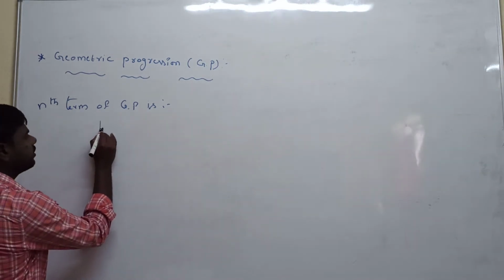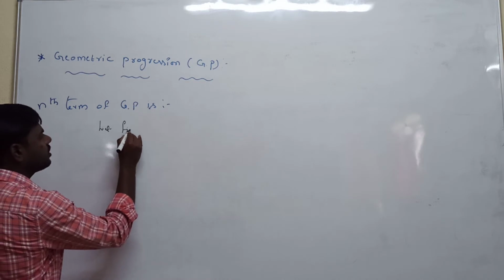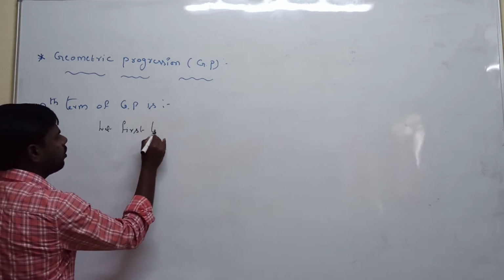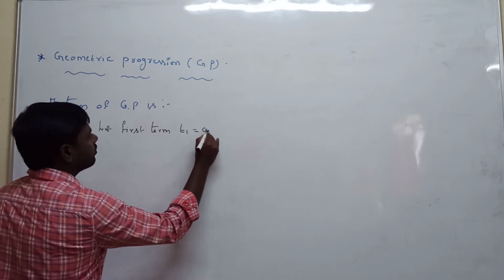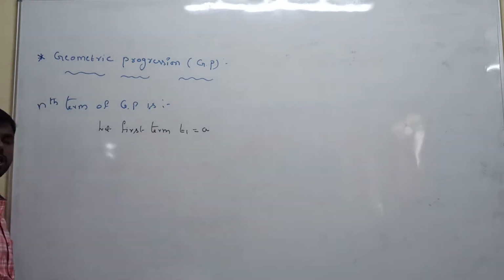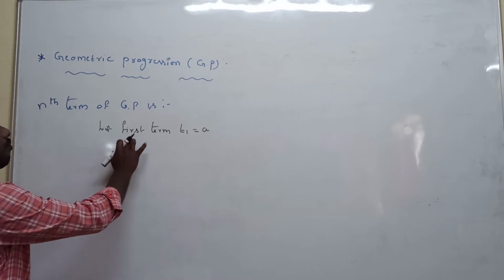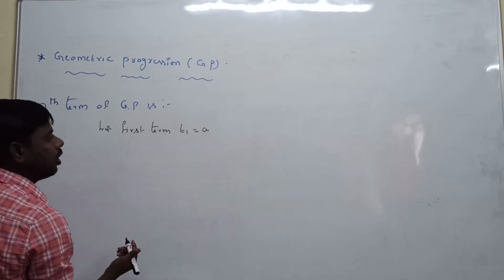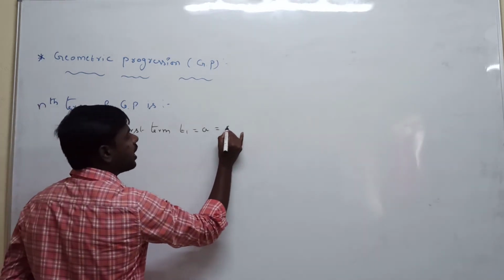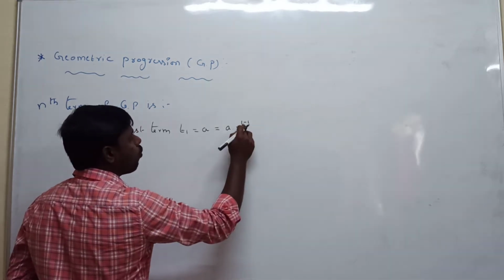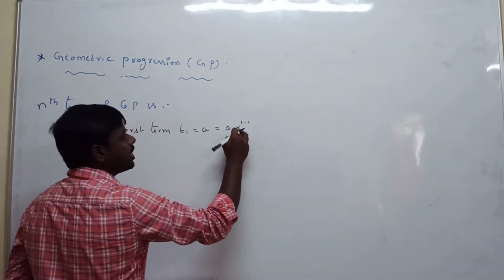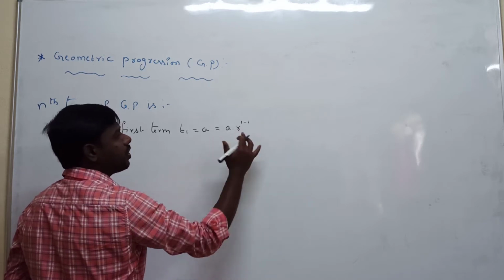Let the first term be denoted by T1 is equal to a. Same as in arithmetic progression, the first term is denoted by small a. Small a can be written as a into r to the power of 1 minus 1. 1 minus 1 is 0. Anything to the power of 0 is 1. So a into 1 is a only.